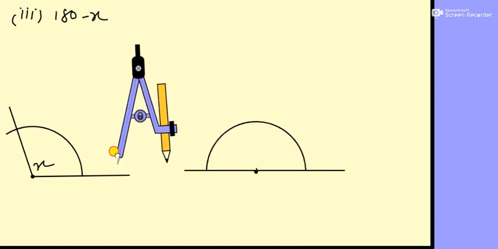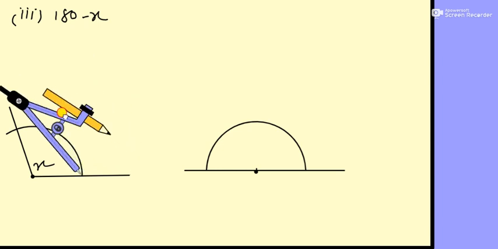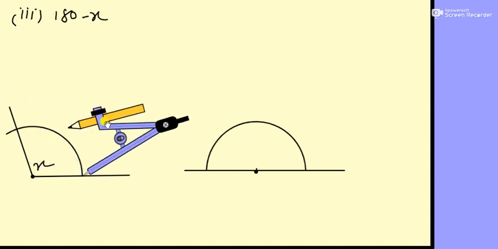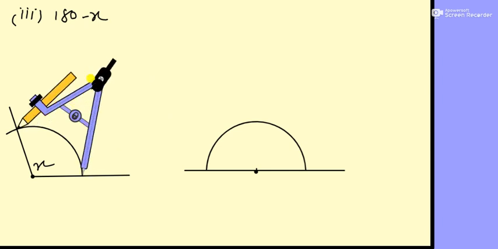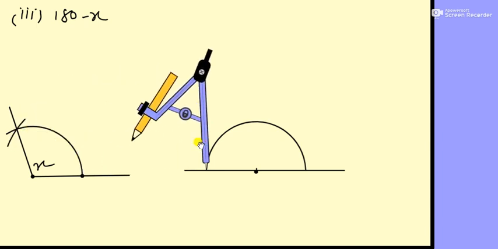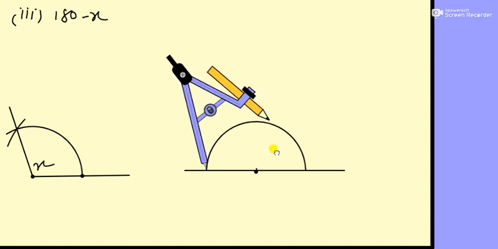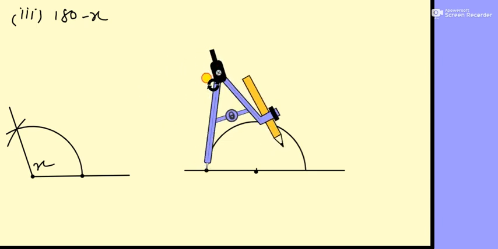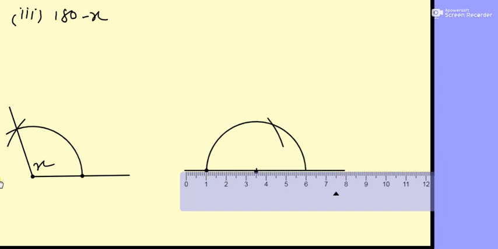Now once again take the distance, this one, and increase the distance to here. Now make an arc like this and take this point and make an arc here. This time the angle has to be made from the opposite side, so remove the compass and with the help of the scale we can draw a line segment.